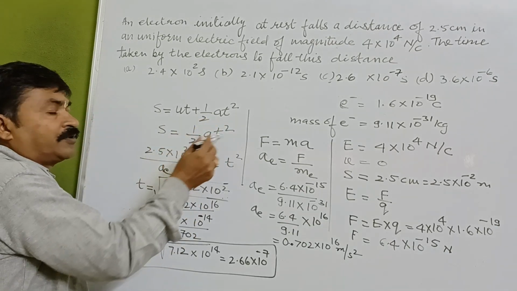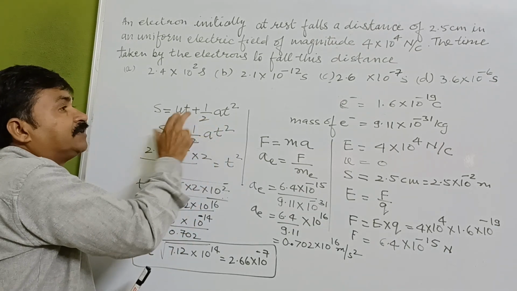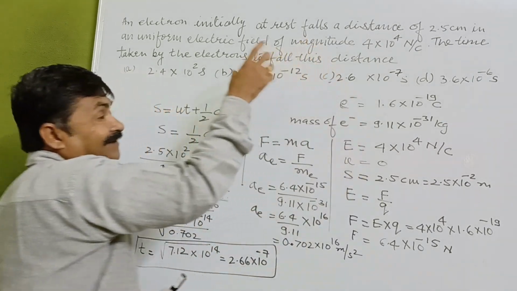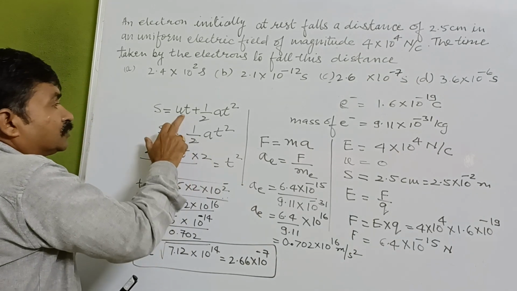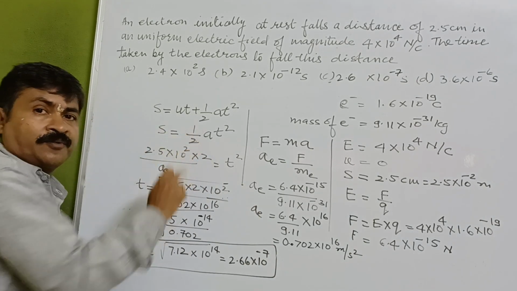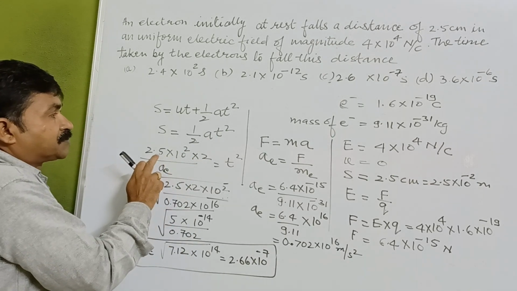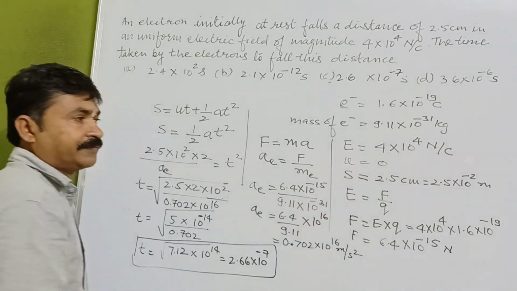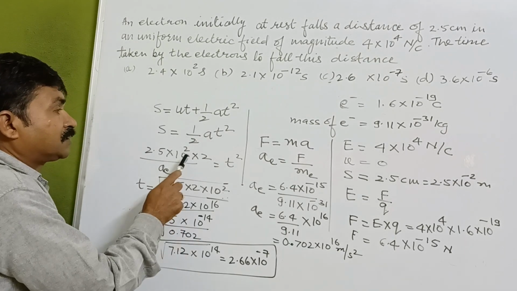Here u is 0 because the electron is at rest, so ut is 0, and S is equal to 1 upon 2 at square. Now we can substitute the value of S, that is 2.5 into 10 raised to the power minus 2 meter.